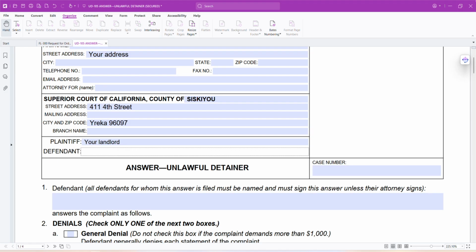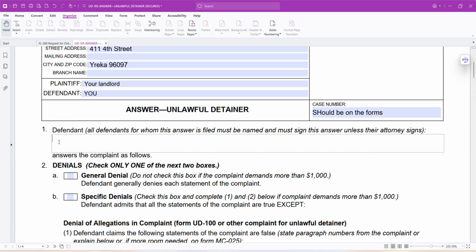So, defendant, this is you. The case number should be on those forms, and you can find it there. Again, you'll write your name here. If you are filing this on behalf of you and other individuals who live in the home, write their names here as well.